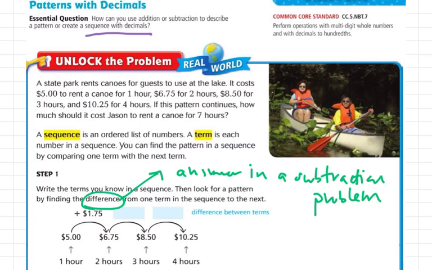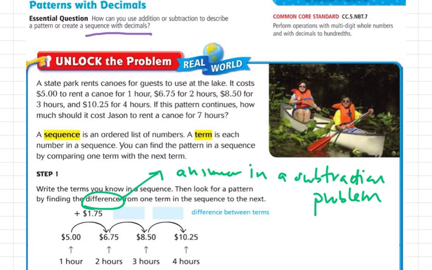So what you'll notice here, boys and girls, is we wrote down what we knew. We labeled 1 hour, we gave $5. 2 hours, $6.75. 3 hours, $8.50. 4 hours, $10.25.